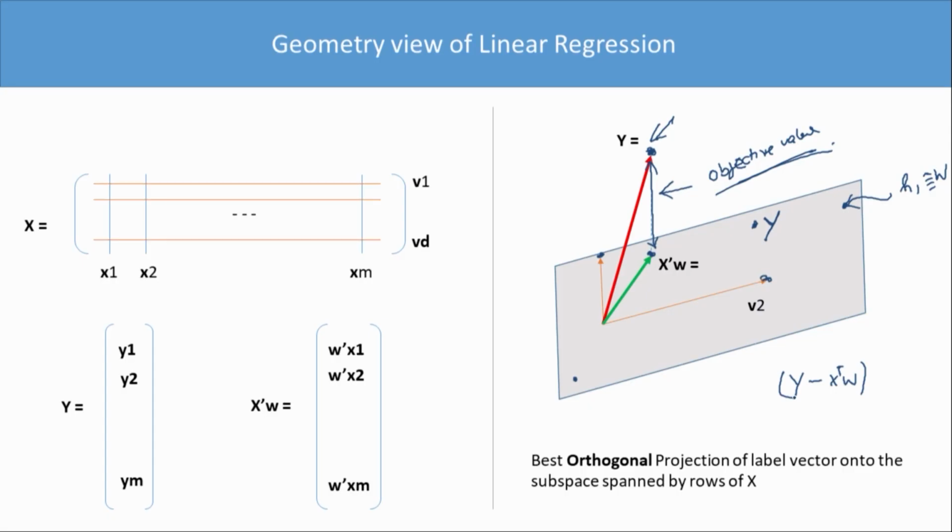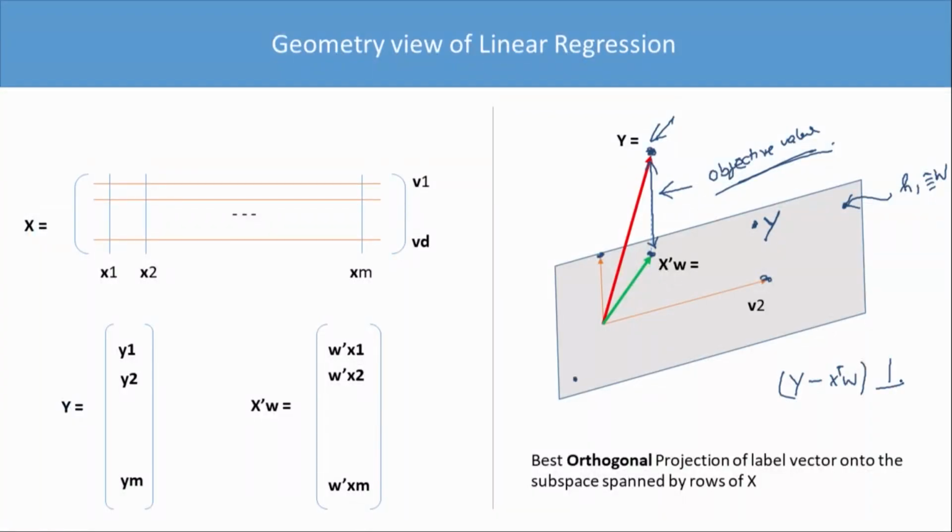Is it orthogonal to v1 or v2 or this x transpose w? So let's say this floor was the place where we can actually search, right? And I had a point here which is the target label, right? I'm trying to look for the closest point here, right? So now my error vector is this vector.